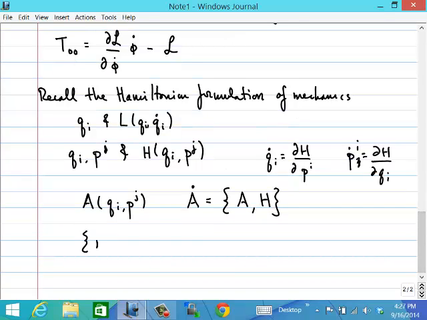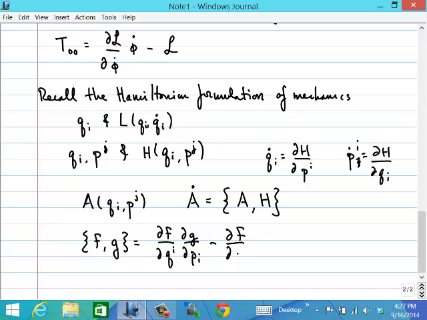The Poisson bracket of 2 functions f and g, where f and g are functions of p and q, is the derivative of f with respect to qi times the derivative of g with respect to pi, minus the same thing with the q's and the p's reversed. Okay. So this is the Hamiltonian formulation of classical mechanics.